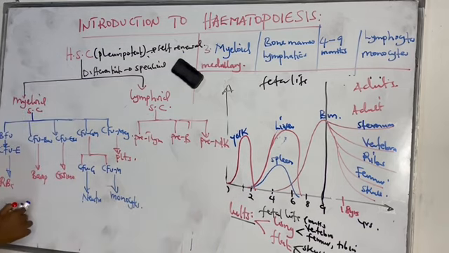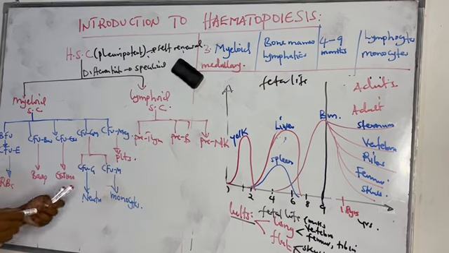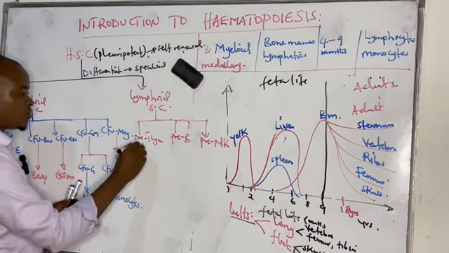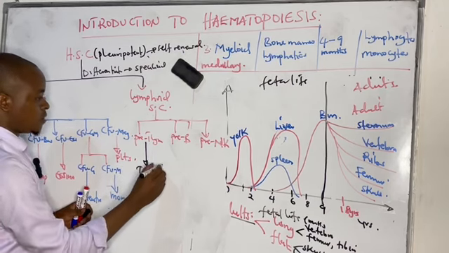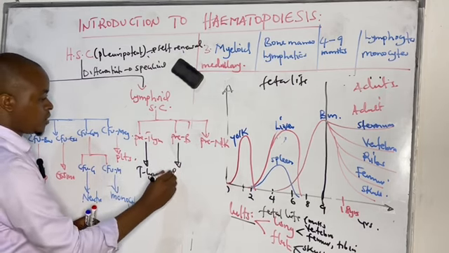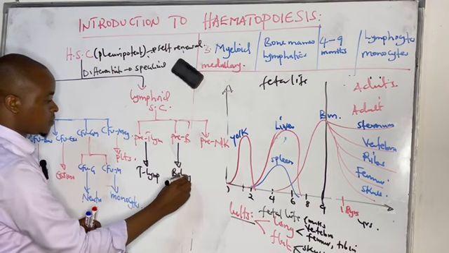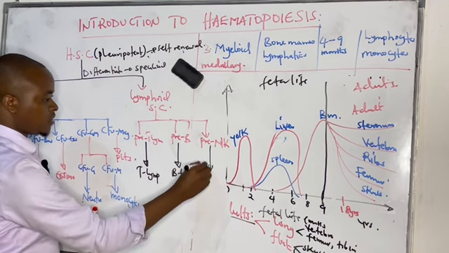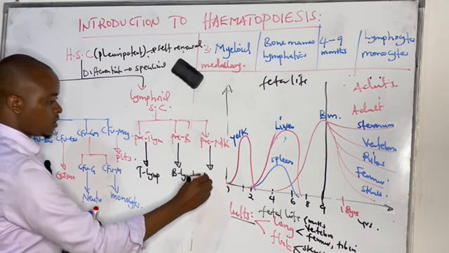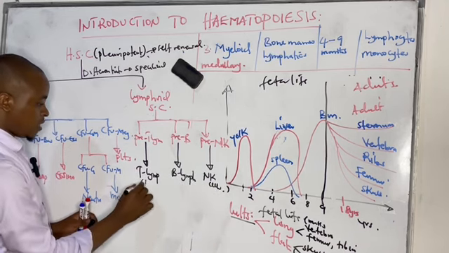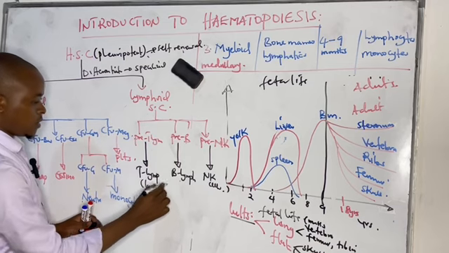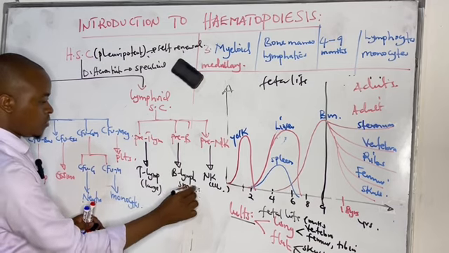These originate from the lymphoblast: this one gives rise to T lymphocytes, this one gives rise to B lymphocytes, and this one gives rise to natural killer cells. T lymphocytes are known as large, while these ones are known as small.